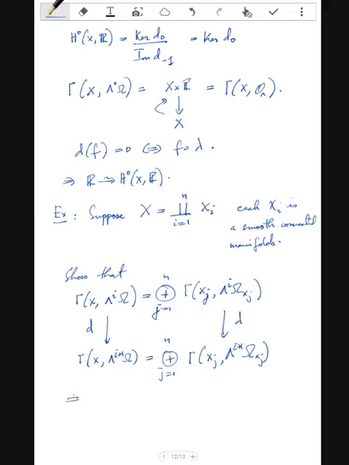And from this conclude that H0 x R is isomorphic to R^n. So we will end here.